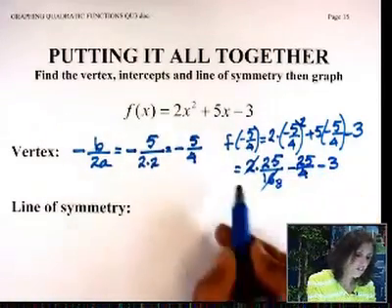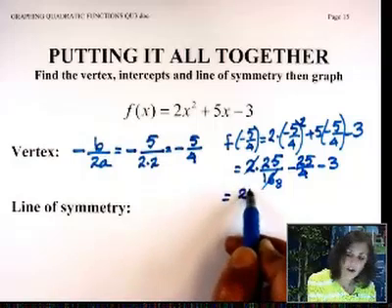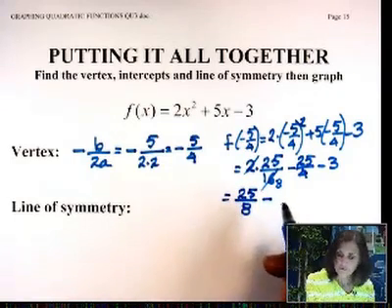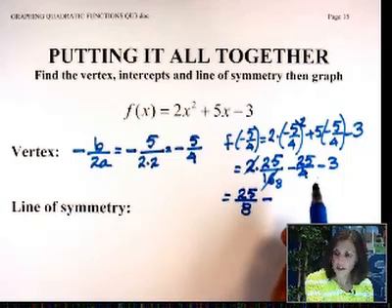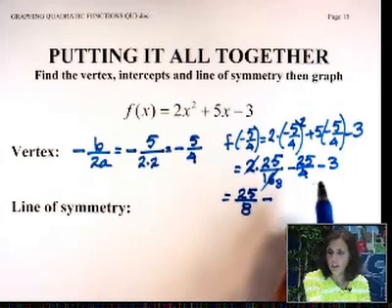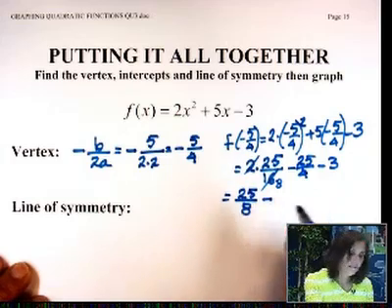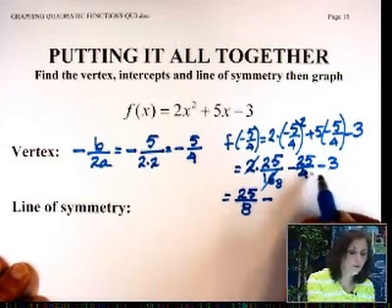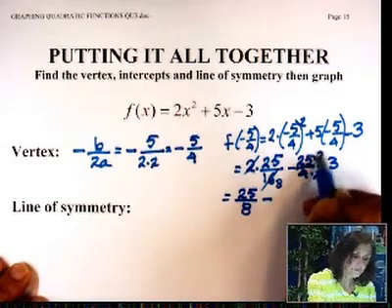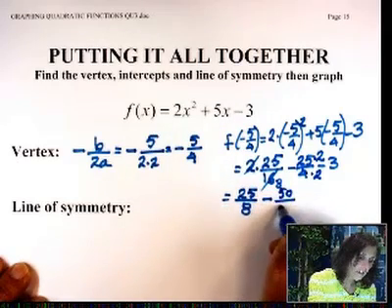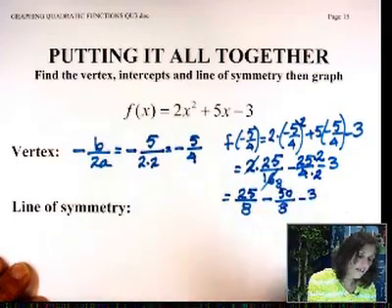This is 8, so I have 25 over 8 minus, I multiply this by 2, 25 times 2. It's going to give me 50 over 8 minus 3.